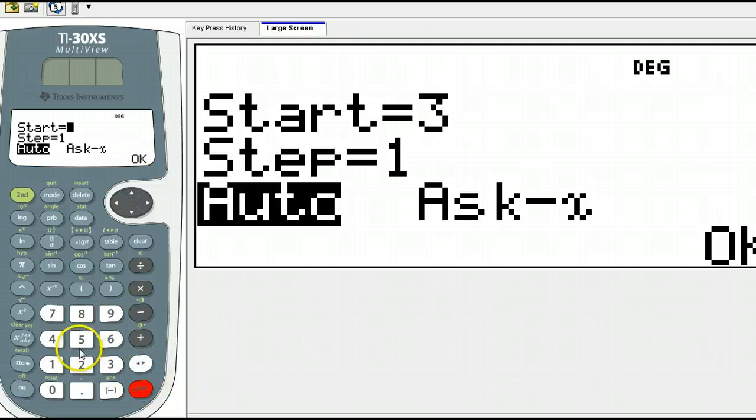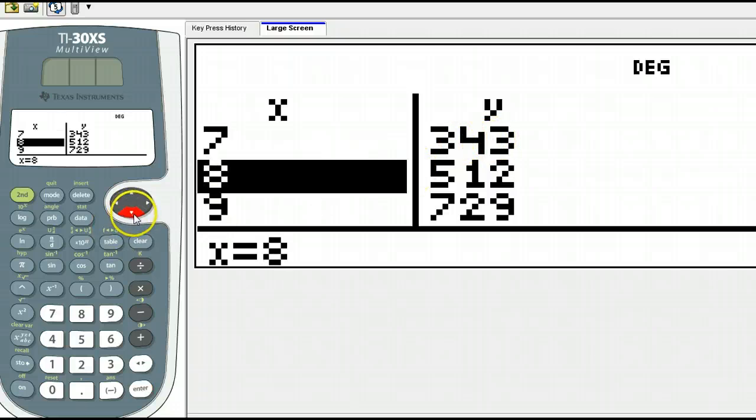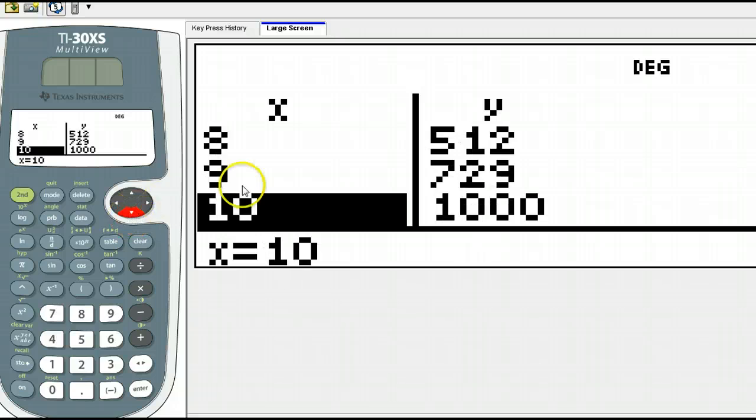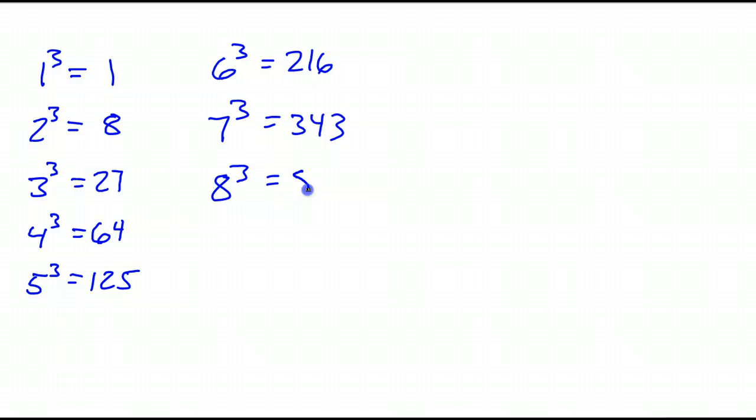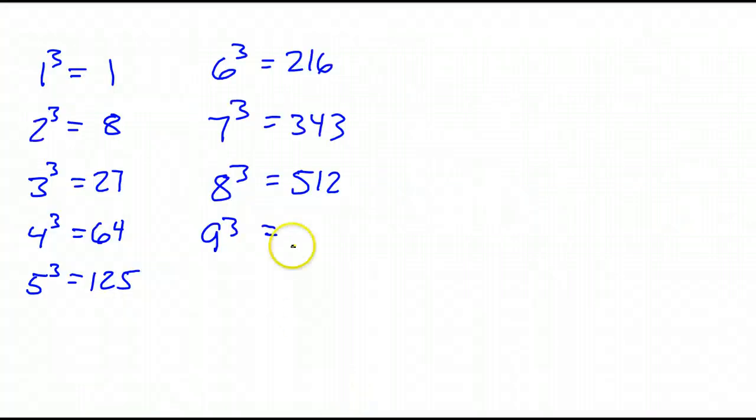Okay, where do we leave off? Alright, we were at about 7. Okay, so there's our 343. But 8 to the third power is 512. 9 to the third power is 729.